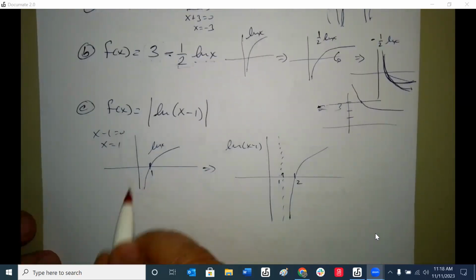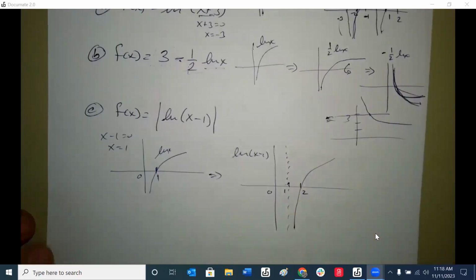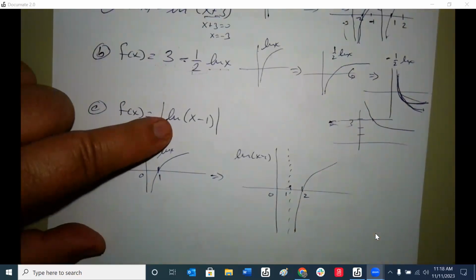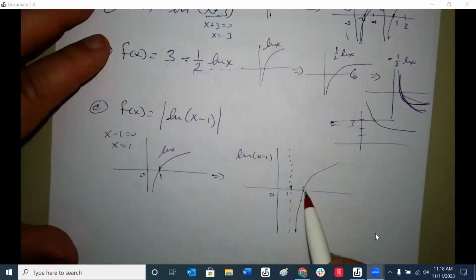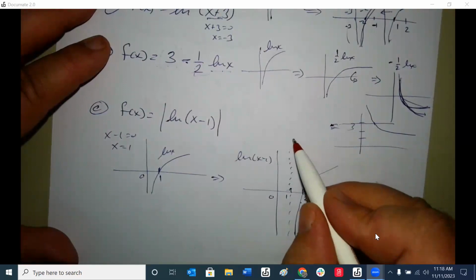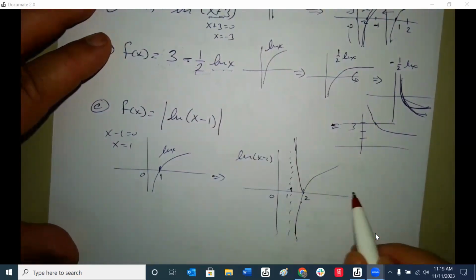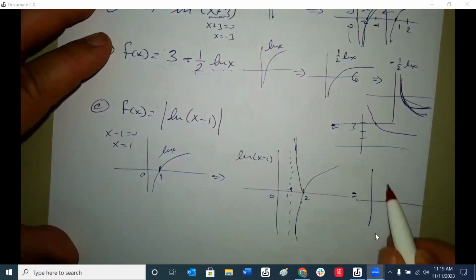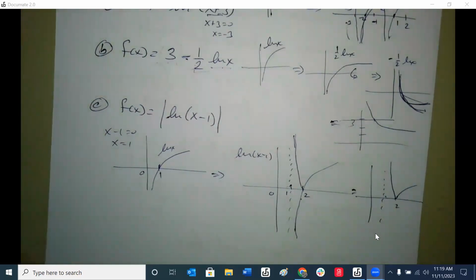It used to cross at 1. Now what it says here is the absolute value. That means I can't have any negatives. That means all of these that come down here are switched to up here. That's what it looks like.